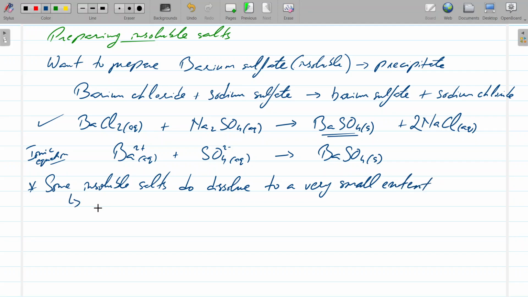And in that case, they are called sparingly soluble.